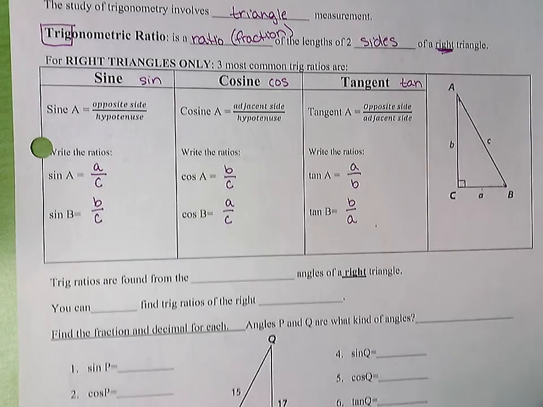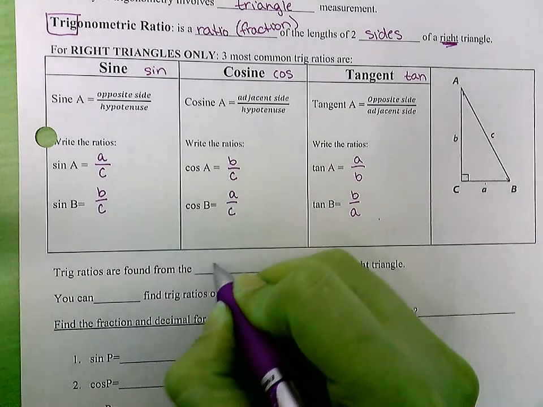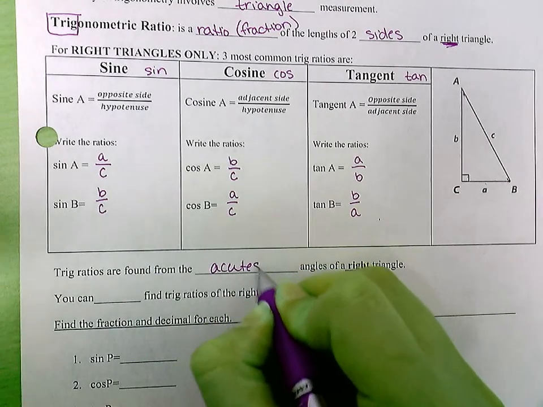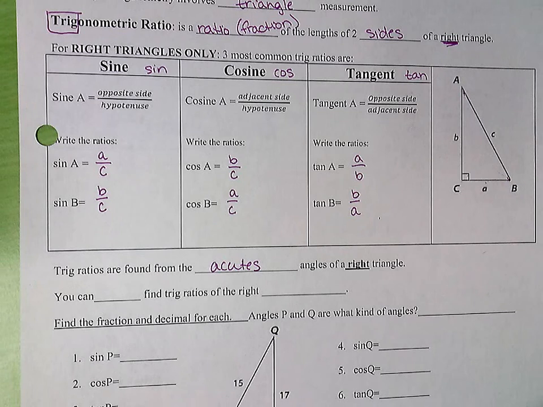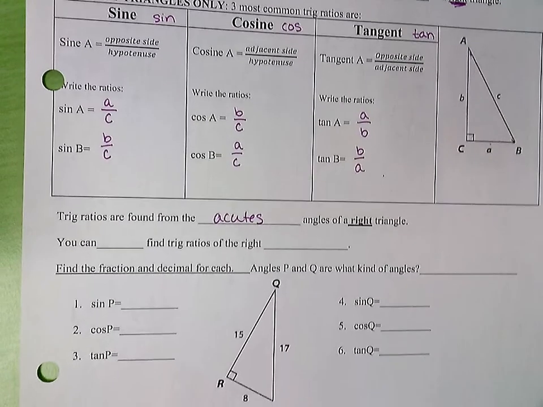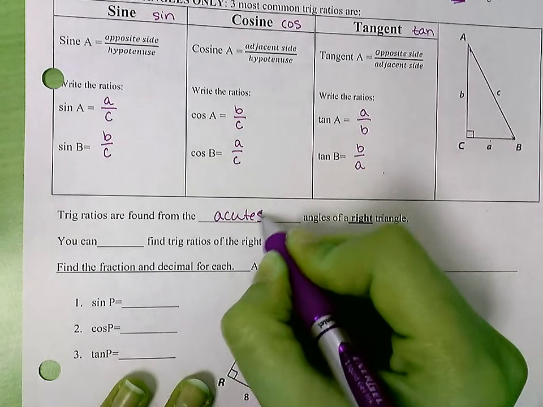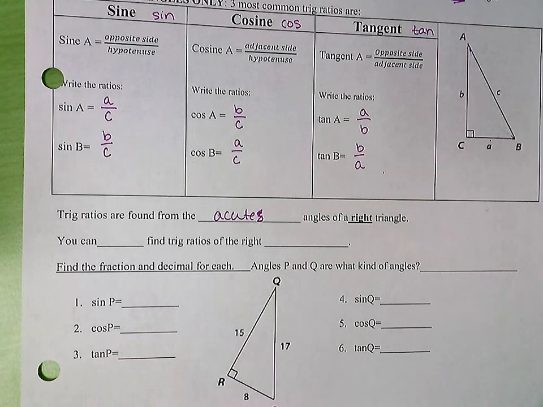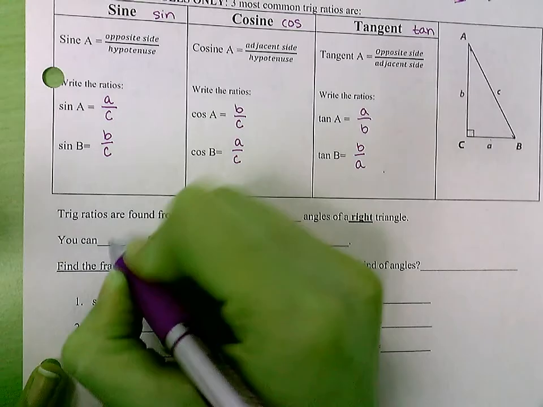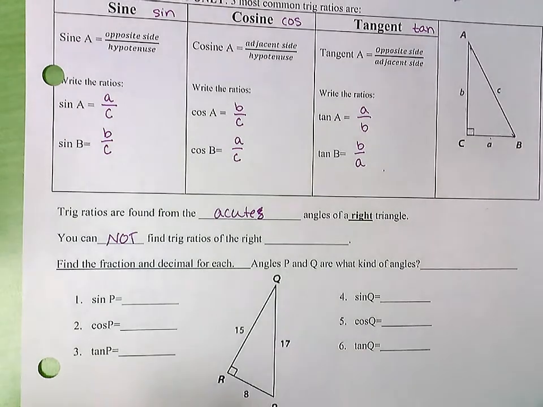So trig ratios are found from the acute angles of a right triangle. You cannot find trig ratios of the right angle.